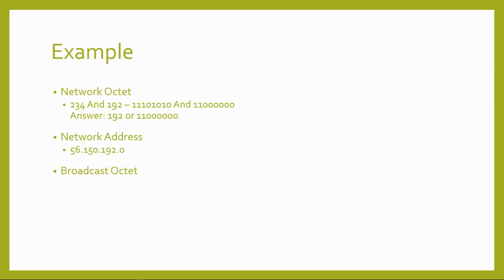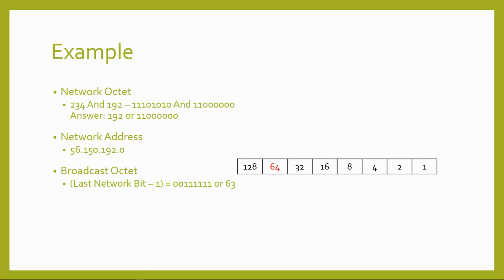Our next thing is to figure out what is the broadcast octet. Well, the broadcast octet is going to be slightly different because what we're going to do is look for the value of the very last bit that we use. In this case, our network bits are using the last 2, so 64 becomes the value of that last bit. If we subtract 1 from that, that's 63, and if you look at that in binary, that basically is having 1s in bits 1, 2, 4, 8, 16, and 32.